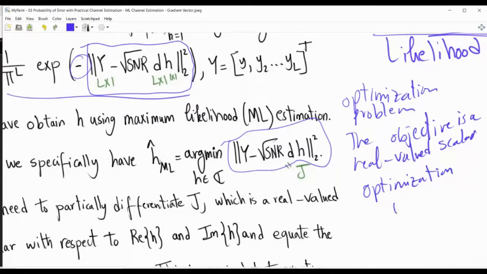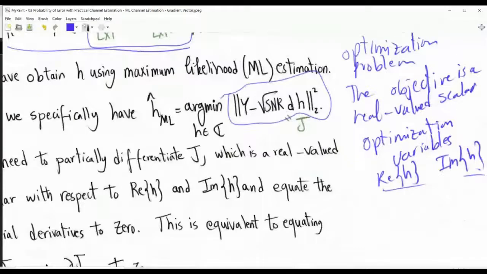Our optimization variables are the real part of H and the imaginary part of H. So what you can do is partially differentiate with respect to the real part, partially differentiate with respect to the imaginary part, and then equate to zero. This function is actually a convex function, and so partially differentiating with respect to the optimization variables and equating to zero is, in our case here, sufficient for optimality.